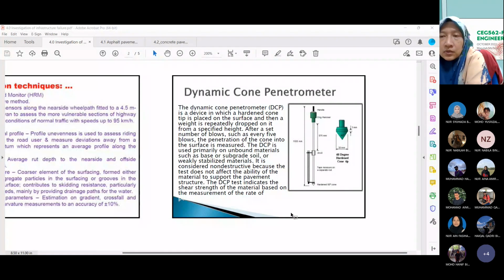So as I said, differences between rigid dan juga flexible pavement is due to the material supply. The shortage of the material in concrete, for example, has come to the sustainable material ataupun green material.